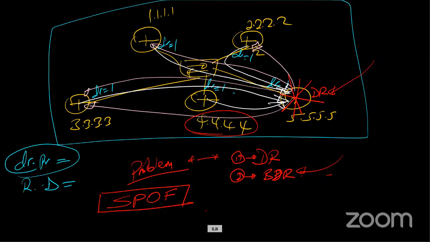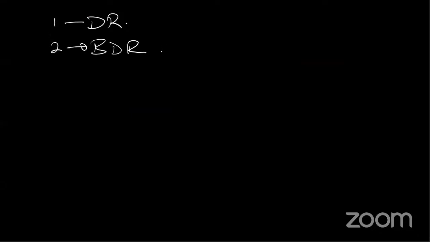What does this tell you? In an OSPF network, we have a router called the designated router. We have a router called a backup designated router. What about the others? Because those others do not have DR on them, we call them DR others.